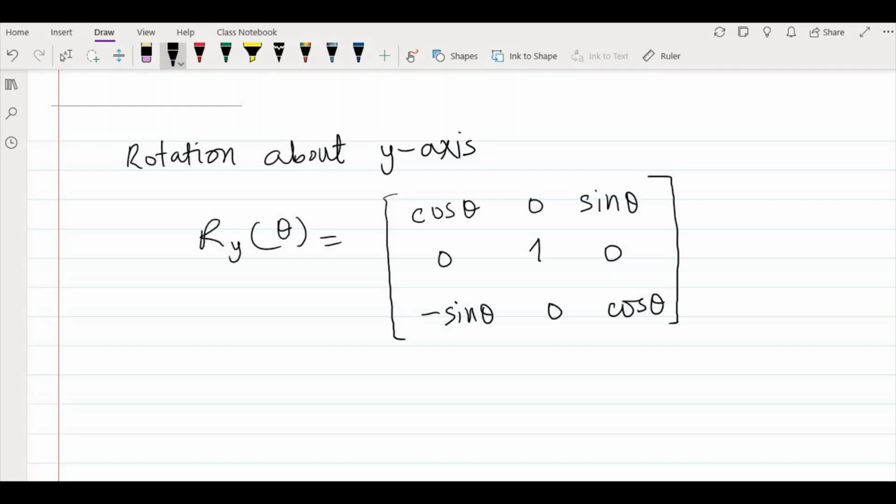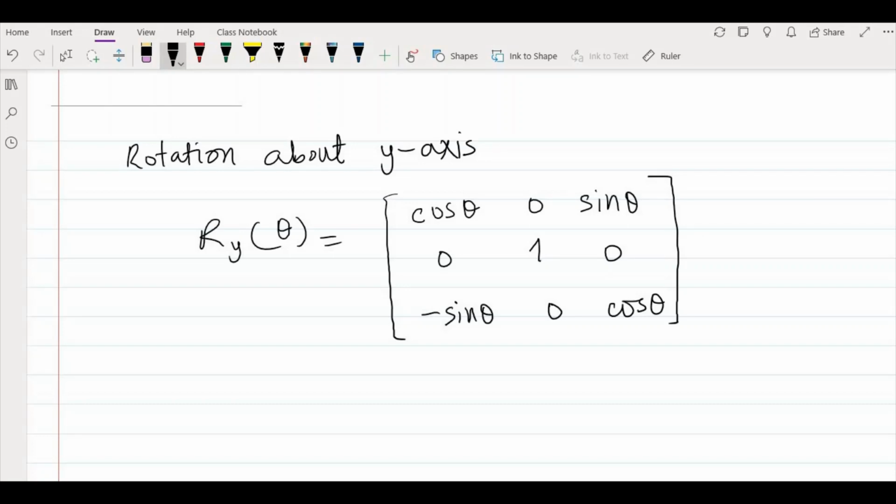You see that here x, y, z, x, y, z. So they are arranged like this. I'm not showing the homogeneous matrix here, just a normal matrix in 3 dimensions. And the y component, about which we have rotated, is not changing.